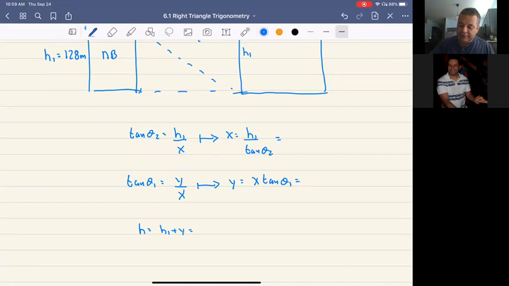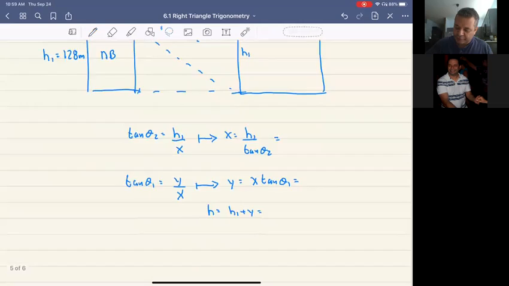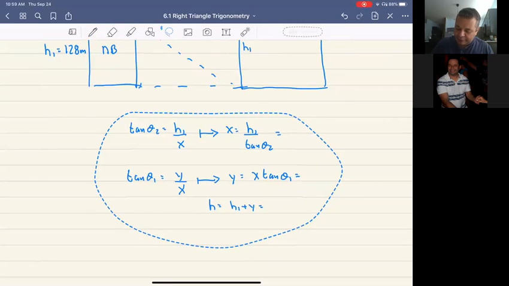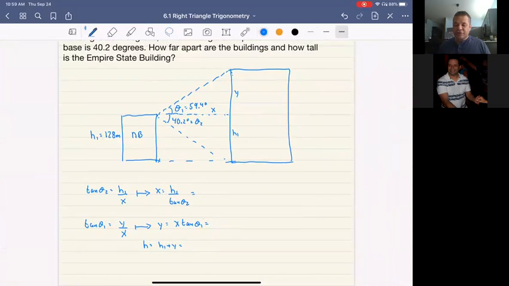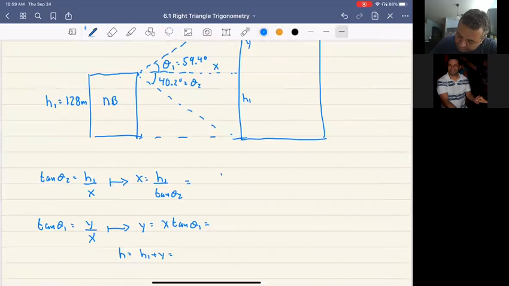Okay, let's go ahead and put these numbers in. Okay, so first, let's move these around a little bit. There we go. Okay, h1 is 128 over tangent of theta 2. Make sure you're in degrees when you calculate this.